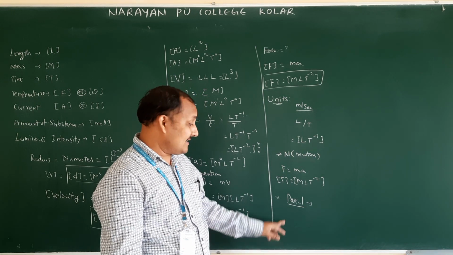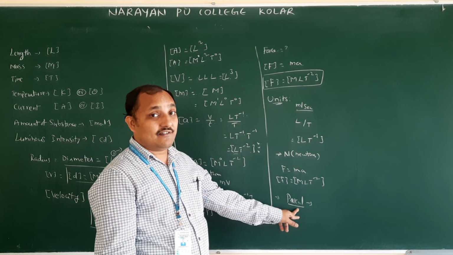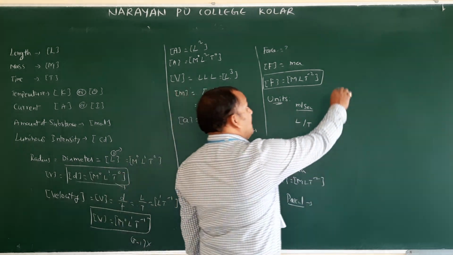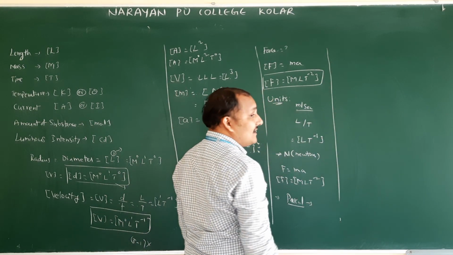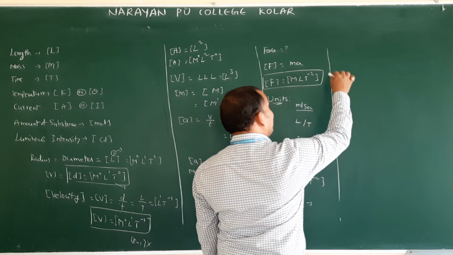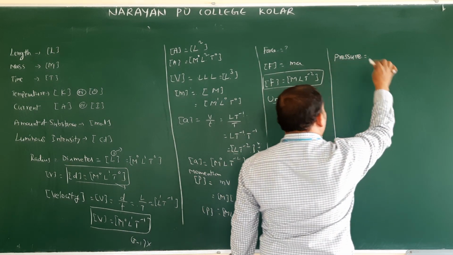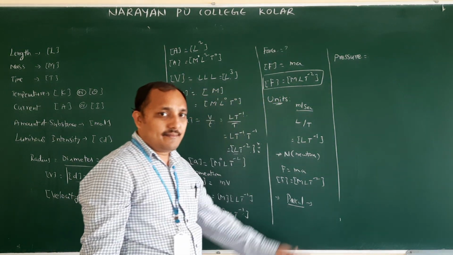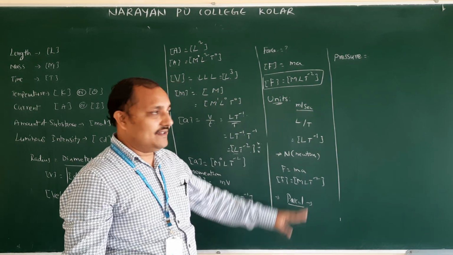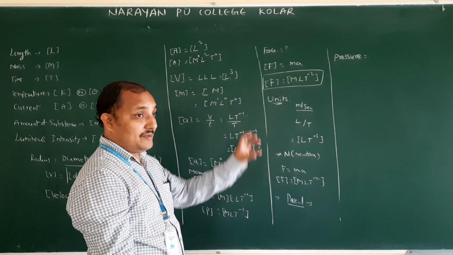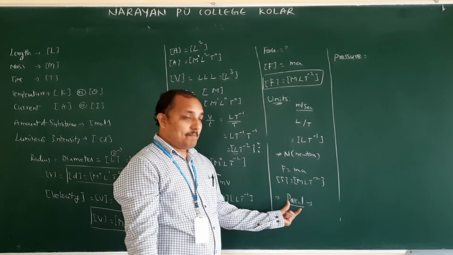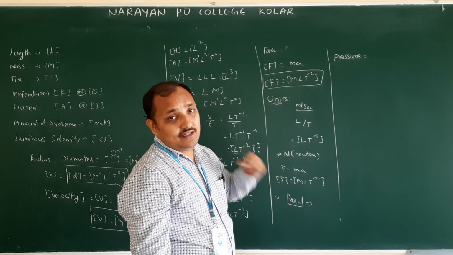Do you know? Pascal is the unit for pressure. How many of you remember? It will come in your 10th class or 9th class. Somewhere you will get atmospheric pressure. You might have heard that.